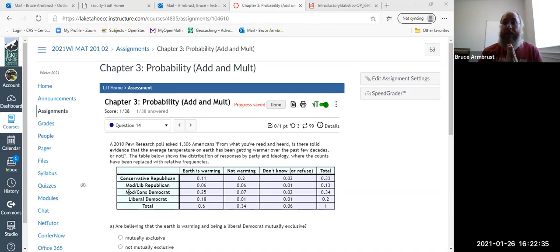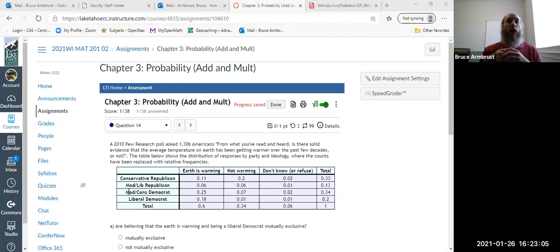All right, so this is a contingency table, no different than what we had before in terms of the idea behind it. But there is one significant difference, and it's that last sentence, where it says it shows the distribution as relative frequencies. So instead of knowing how many conservative Republicans said the Earth is warming, right? We don't know that.